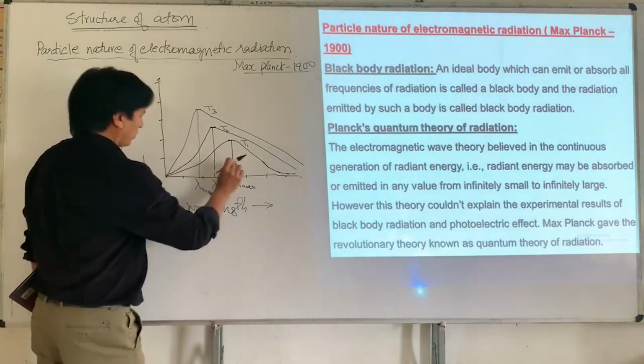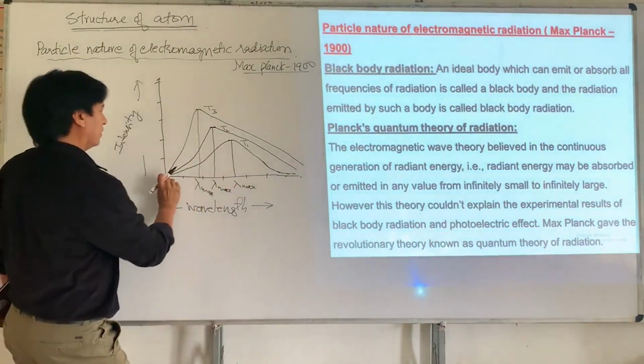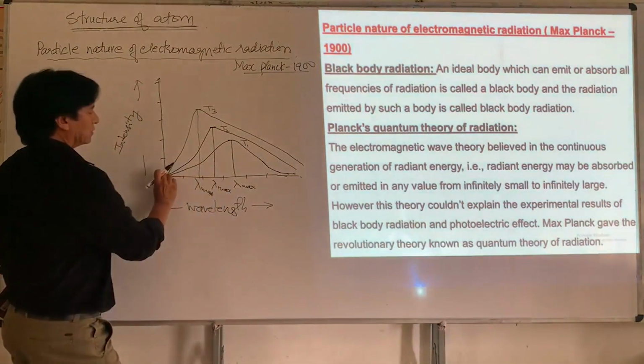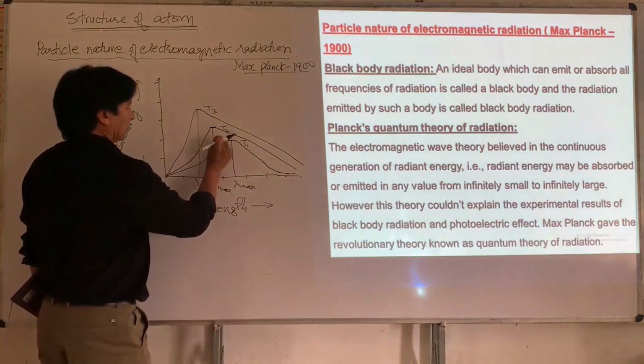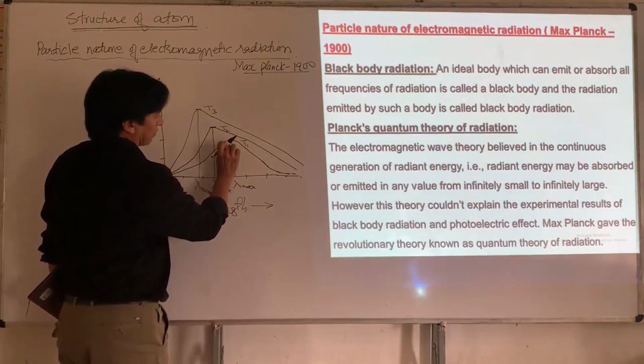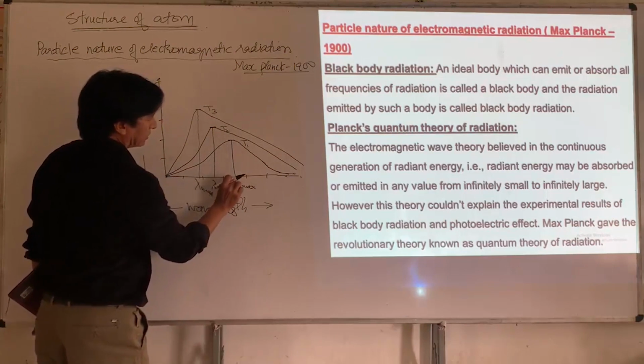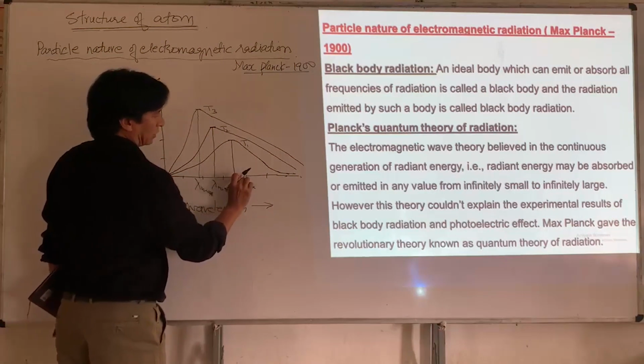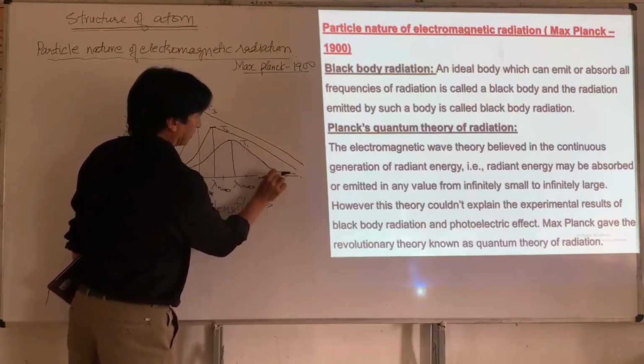That's it. Now what is seen here is actually something strange. You can explain it this way: at a given temperature, with increase in the wavelength, the intensity increases. Then the intensity reaches a maximum at a particular wavelength, and with further increase in the wavelength, the intensity decreases.